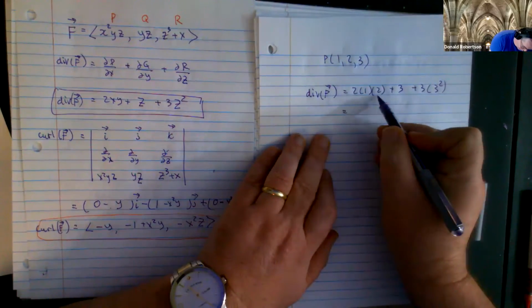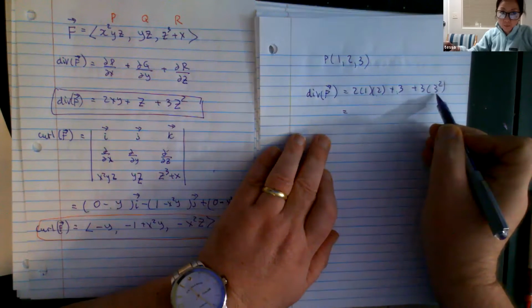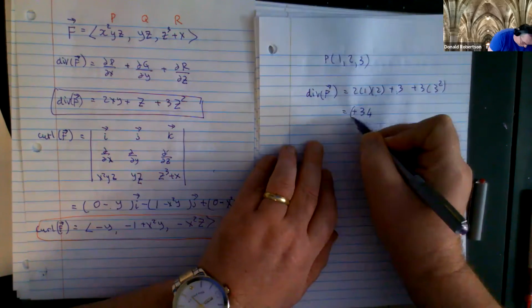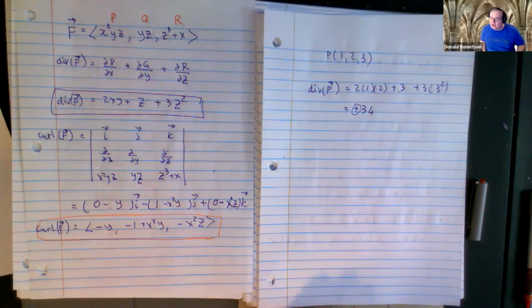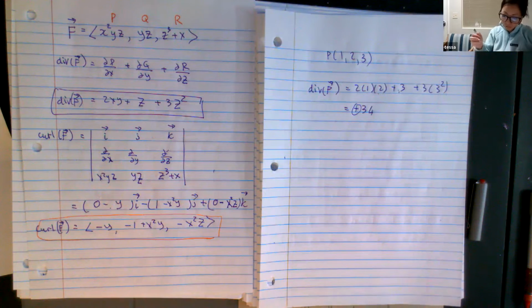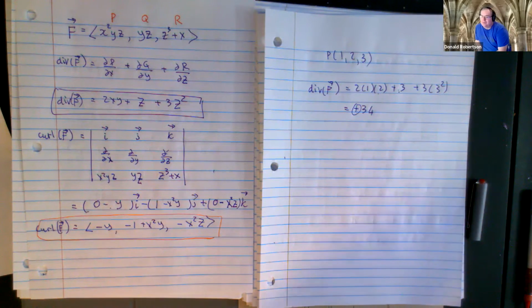And that's what, 4, 5, 6, 7. 7 and 27 is 34. That is a positive number. So in 3D space, isn't that point in space spewing out stuff, right? The vectors are more leaving it than coming into it, right?